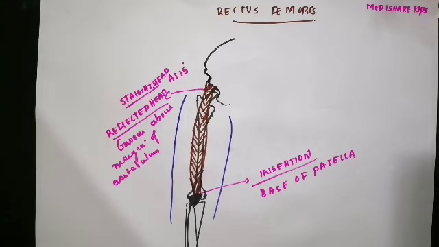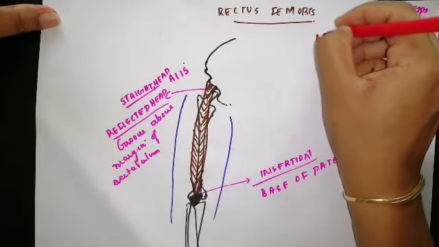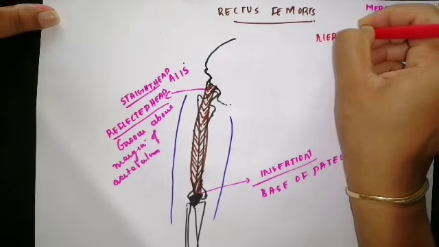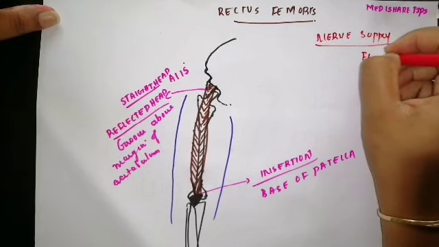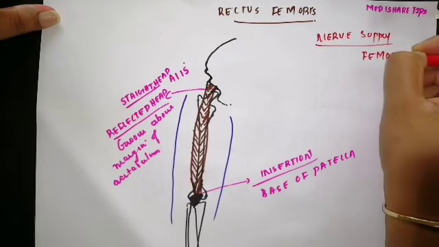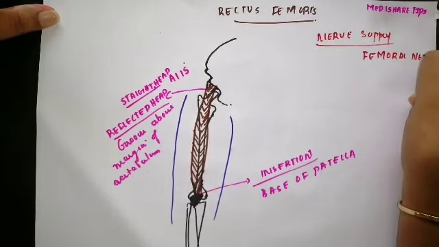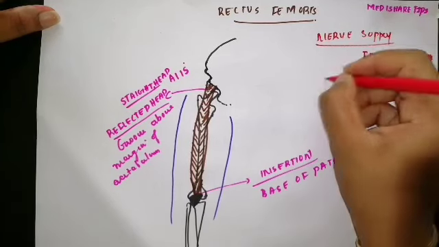So what is the nerve supply and action of this muscle? It is also supplied by the femoral nerve, and this branch is also supplying the hip joint. Now the action.